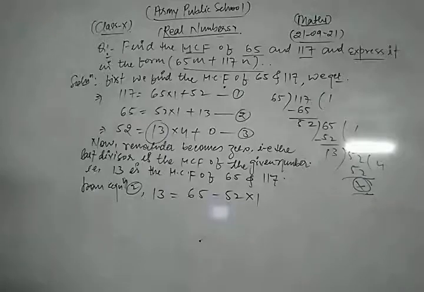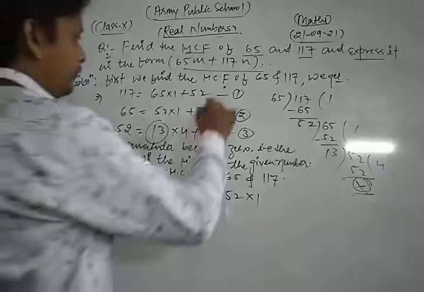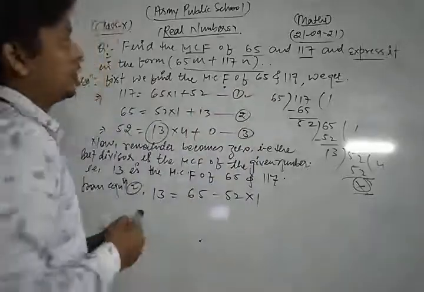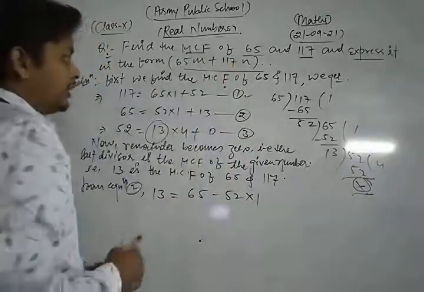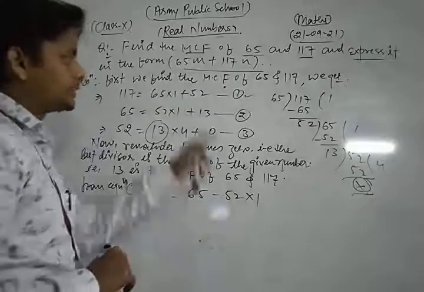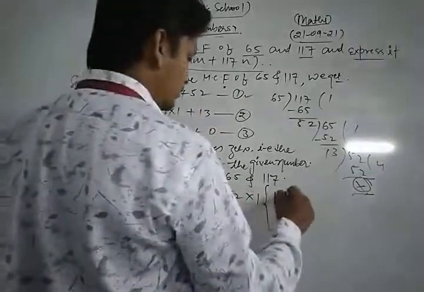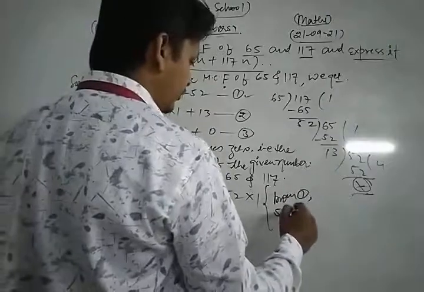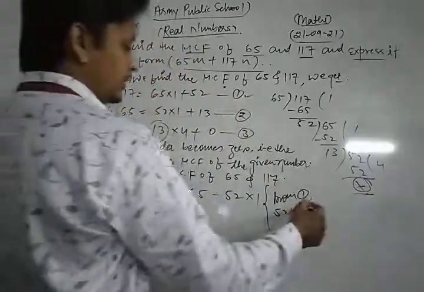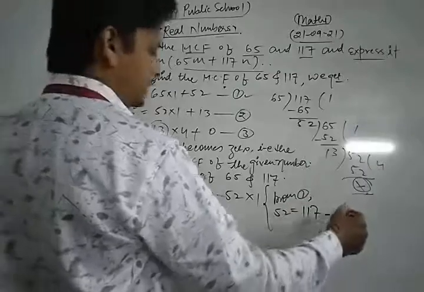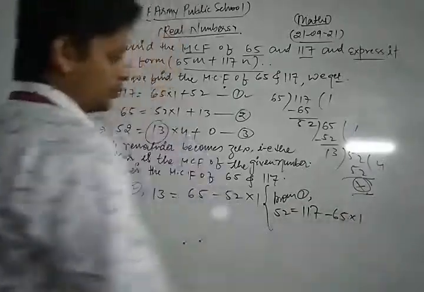Now look, from equation 1, because we expressed 65 and 117, we now replace 52 with the help of equation number 1. From 1 we can write 52 is equal to 117 minus 65 into 1.